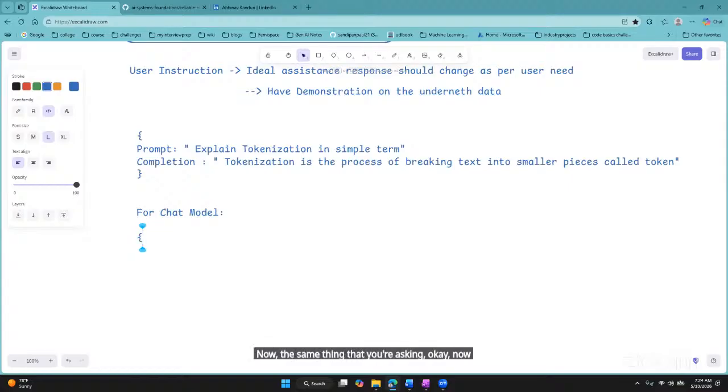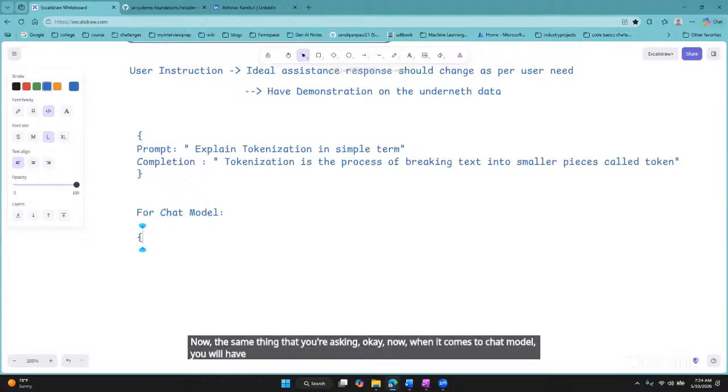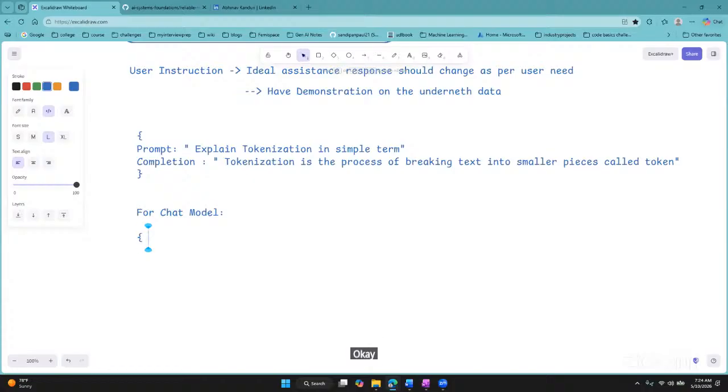When it comes to a chat model, you will have different roles. Let's assume three: the user role, the system role, and a third role, the assistant role. The chat model should behave as per the role.